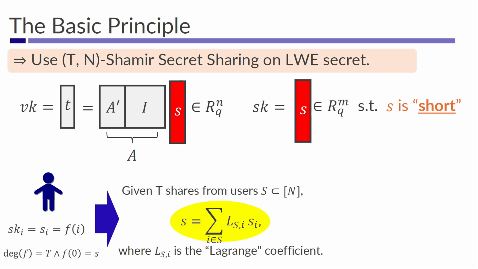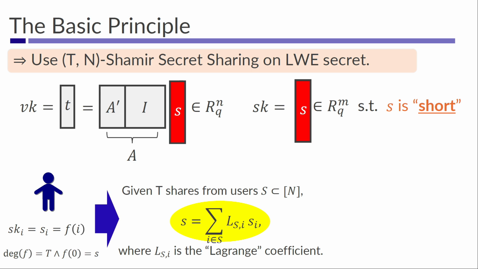And the way we perform secret sharing is that for user I, we just do the normal Shamir secret sharing. We sample a polynomial f of degree t, and f(0) is going to be our secret s. For user I, s_i, where we evaluate this polynomial on I, is going to be its partial secret key.